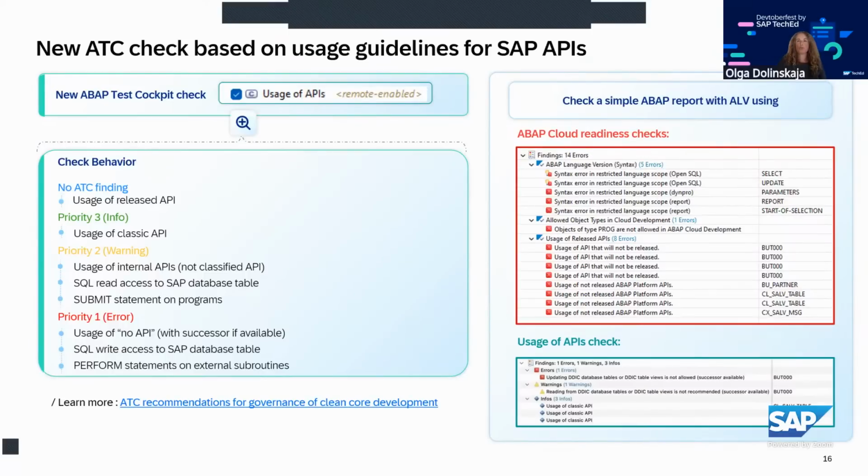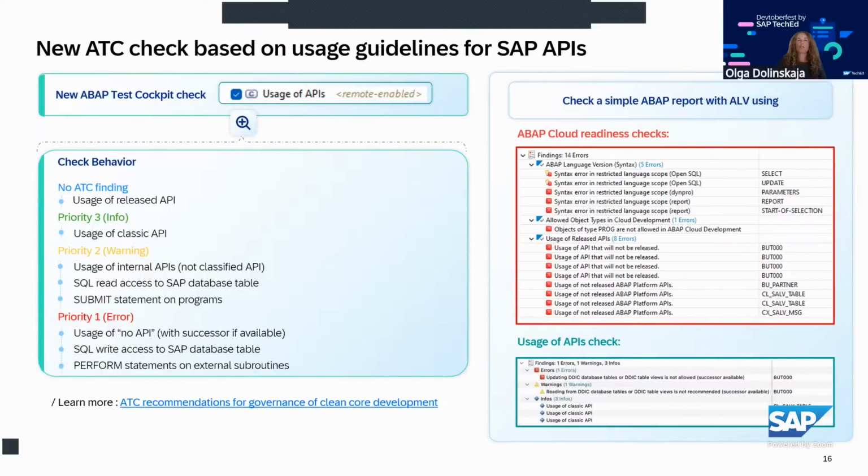And for usage of SAP API, which is not classified like SAP internal API, the check will report the warning. And for usage of API, which is marked as no API, an error message will be reported. And if the successor is provided, the successor will be also reported in the ATC check result.